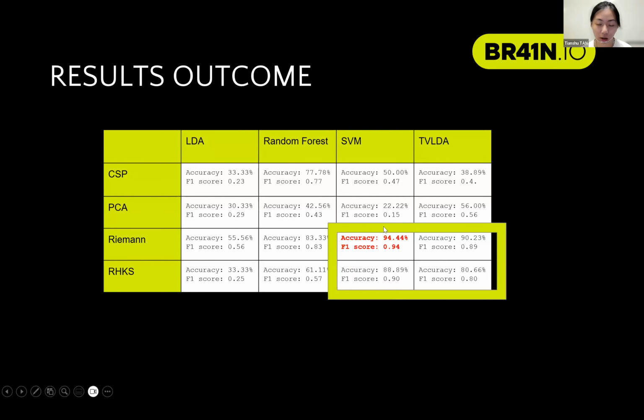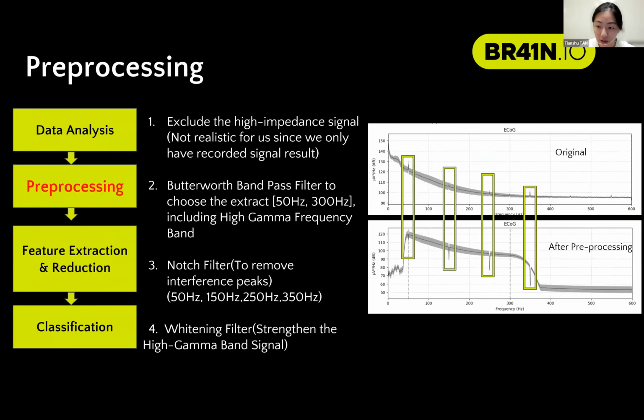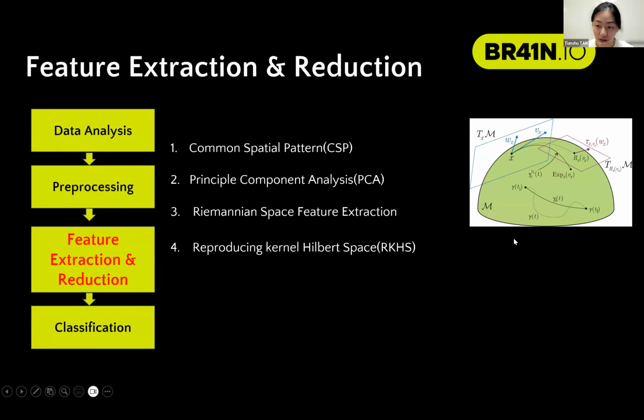For example, for the combination of Riemannian and SVM model, we have a first-stage conclusion that for the Riemannian space, like in this picture, we project our features onto the Riemannian tangent space, and so we can keep some of our covariance features in the Riemannian space, and that might be useful for the classification model after that.